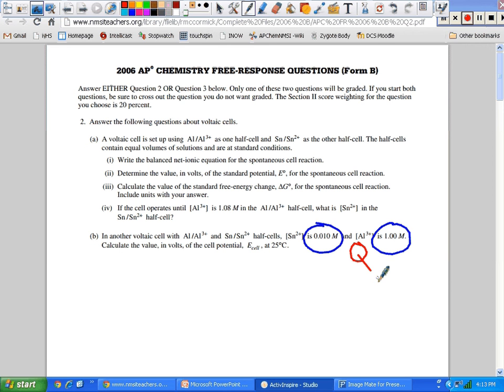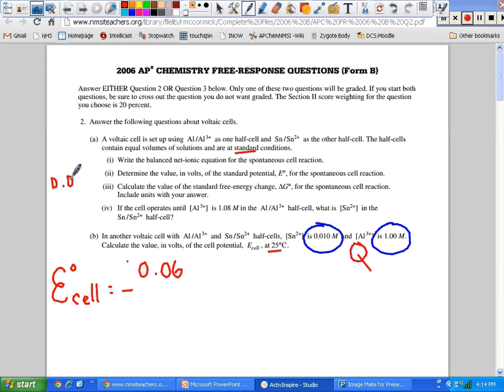There is a formula on your formula sheet. Since it says standard conditions and it says it's at 25 degrees, literally on your equation sheet, it says this: E naught cell is equal to negative 0.06. Now, on the equation sheet, it says 0.0592. Don't do that. Just go 0.06. It's a lot easier to use.